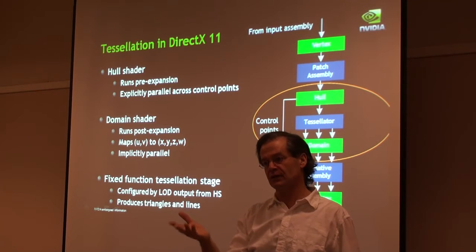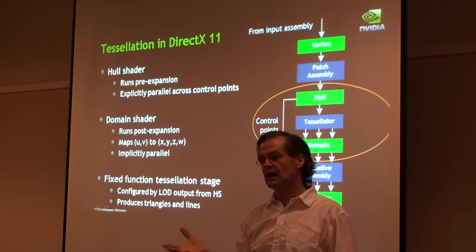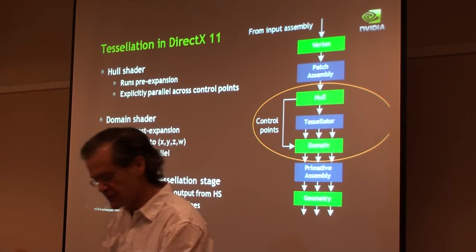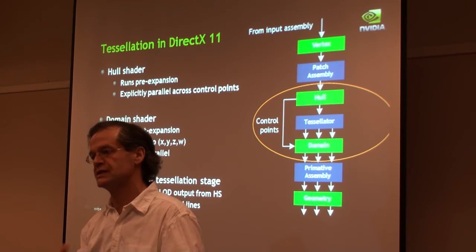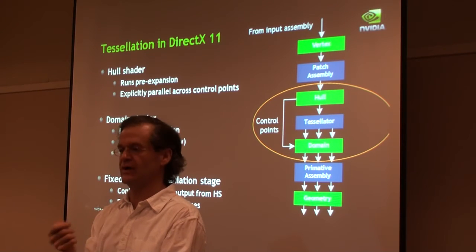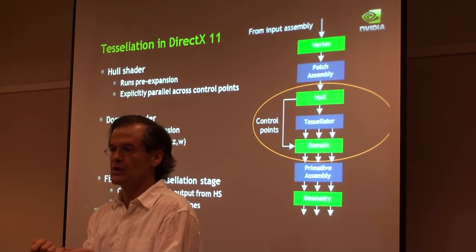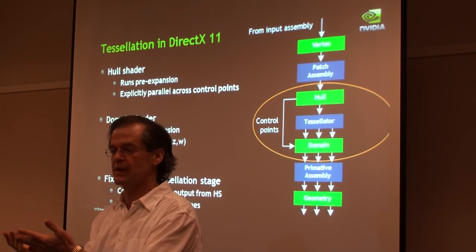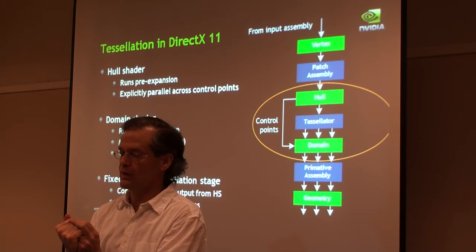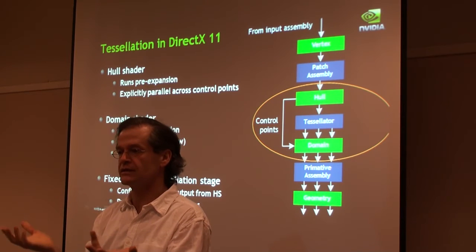Now it's up to the developer to decide how they want to represent the surface. The example that I had was a bicubic surface. So you plug these parametric values, the u and the v, into this bicubic equation, and out pops a position in space. You could as easily have a domain shader that evaluates the equation of a cylinder.